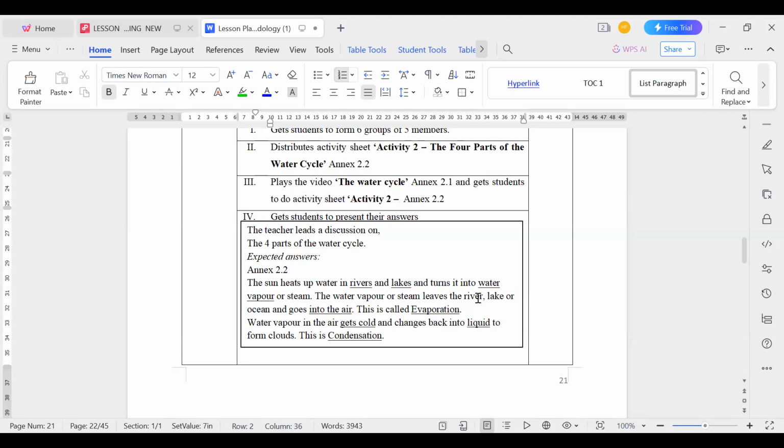These underlined words are missing in the activity sheet, so they have to watch the video and complete the text. Once completed, these words are written: evaporation, condensation, liquid gets cold and all that. Is it clear to you?